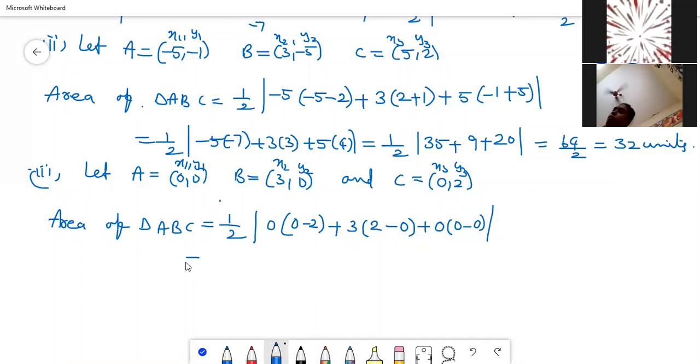Then it is equal to 1 by 2, 0 into something is 0, 3 2s are 6, plus 0 into something is 0. It is equal to 6 by 2, which is 3 units.